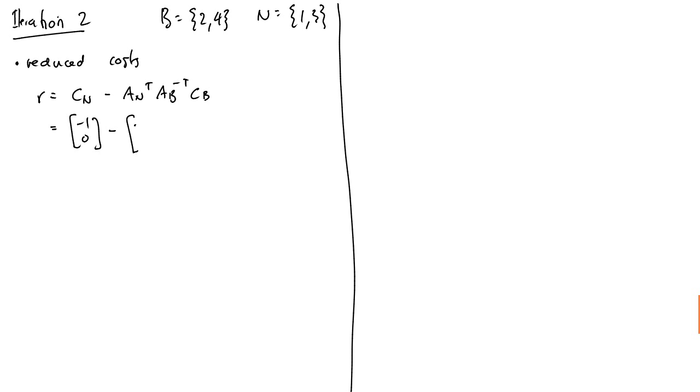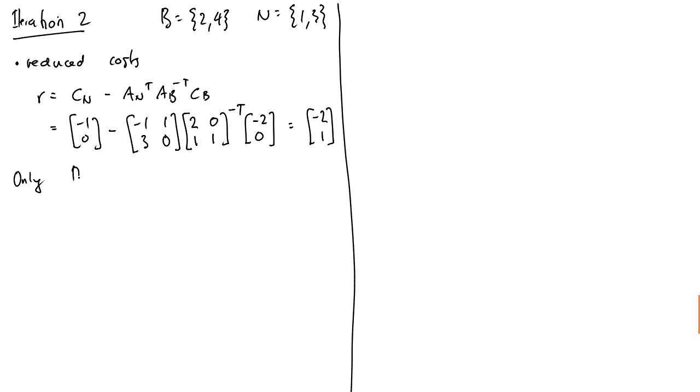minus A_N, so that's going to be columns 1 and 3 of A now. Negative 1, 3 and 1, 0. A_B inverse transpose, well A_B is columns 2 and 4. And we have to take the inverse and the transpose of that. c_B, that's the second and fourth entries of c, negative 2 and 0. And if you multiply that out in MATLAB or by hand, it's small enough to do by hand pretty easily, you get negative 2, 1. Now this time we've only got one negative entry in our reduced costs.